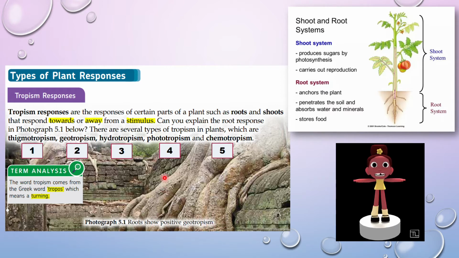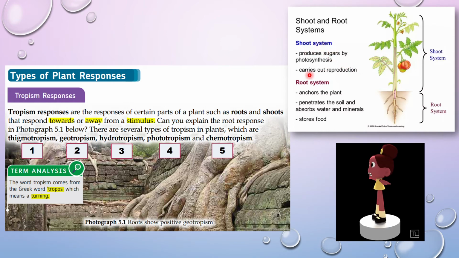Let's revise. This is a plant, and we're looking at 2 systems over here. The shoot system is responsible for producing sugars by means of photosynthesis, because the shoots consist of the leaves, being the main organ of photosynthesis.